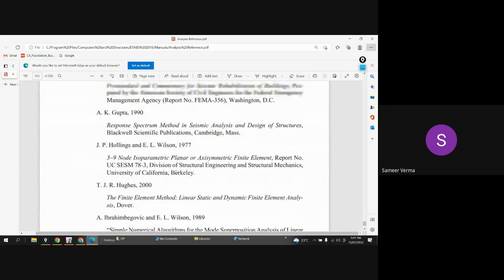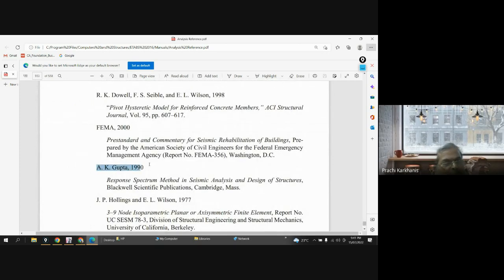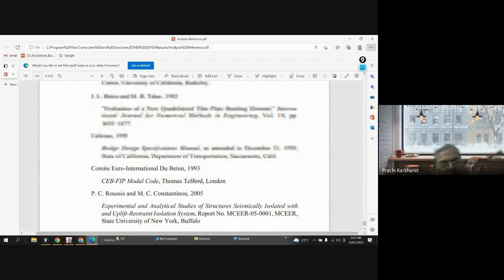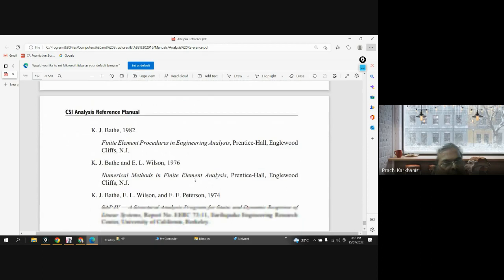Then you can go for this also. A.K. Gupta, he is also, this is for response spectrum method in seismic analysis and design of structures. यहाँ पे सारी चीजें हैं. If you want to understand finite element, this is K.J. Bathe.